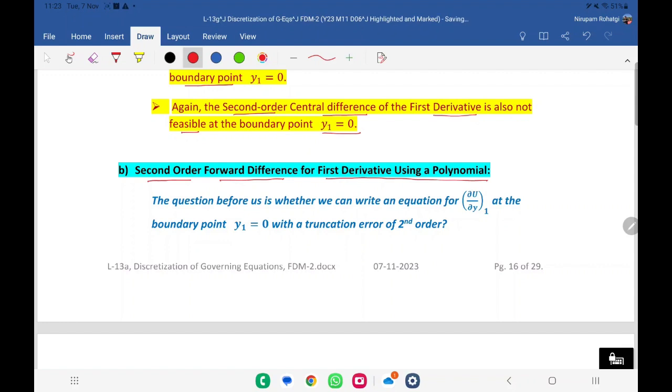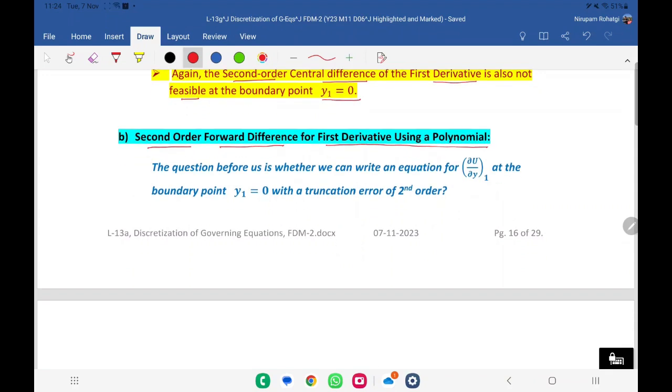So what happens is you can increase the number of points, so you are able to trace the function more accurately. As you take more and more points, your calculation becomes more accurate. The truncation error keeps going down, and the order of truncation error keeps going up. So this is possible, and how do we do it?